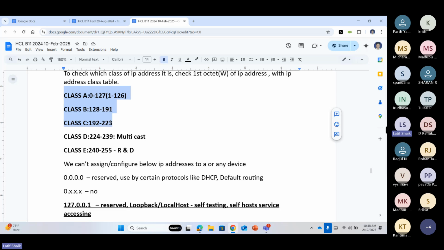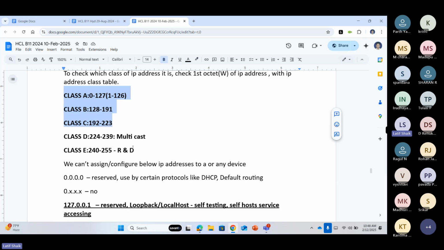Unicast means one-to-one communication, like I'm sending a mail to someone at gmail.com, from me to one other person.